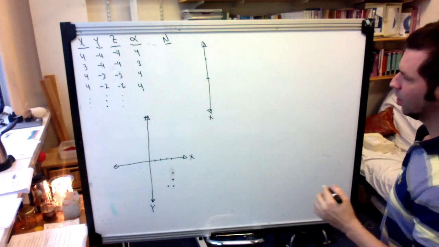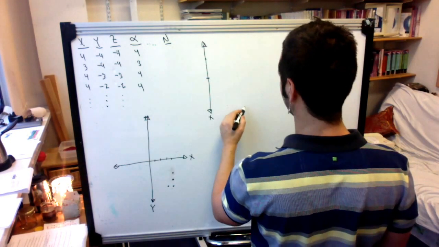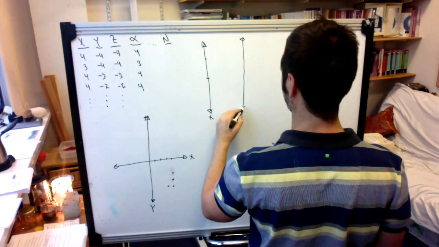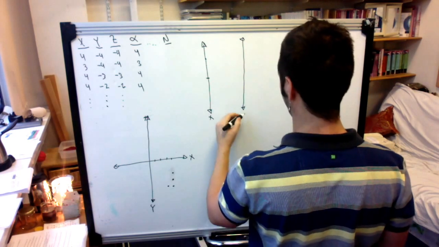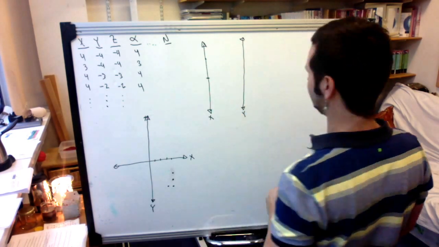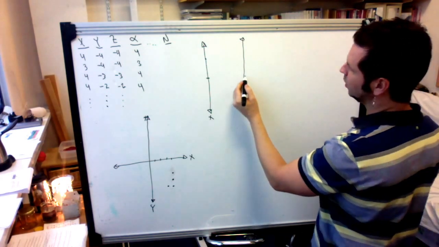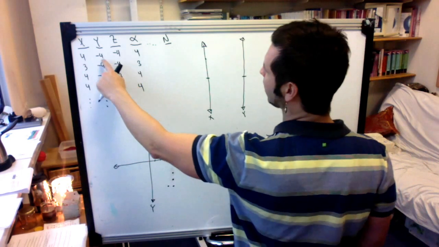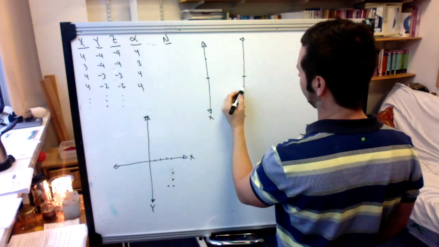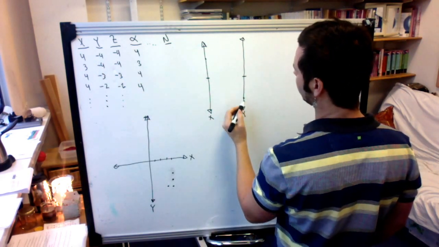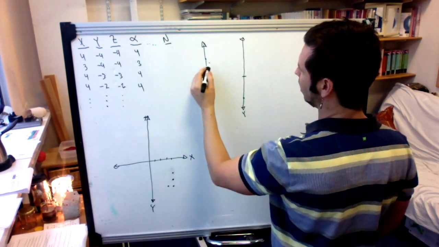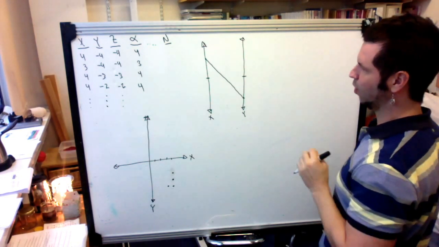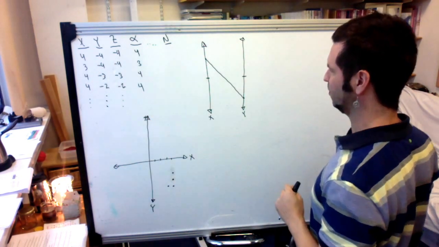What about y? y actually becomes its own axis. Those are supposed to be up and down arrows, by the way. So there's y. We notate the 0 point along the y-axis, and we move down 4 units: 1, 2, 3, 4. And then to visualize the relationship, we connect the 2 points together. So 4 to -4.